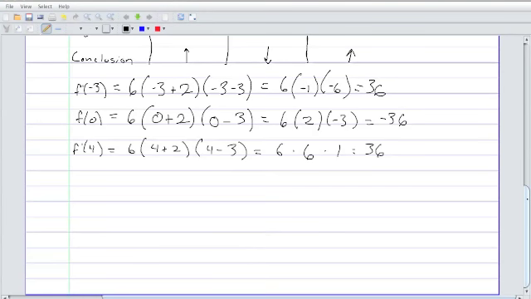So our conclusion is there is a relative maximum at x equals negative 2, and there is a relative minimum at x equals 3.